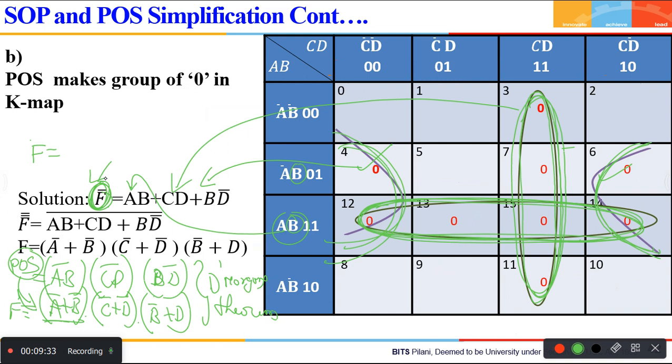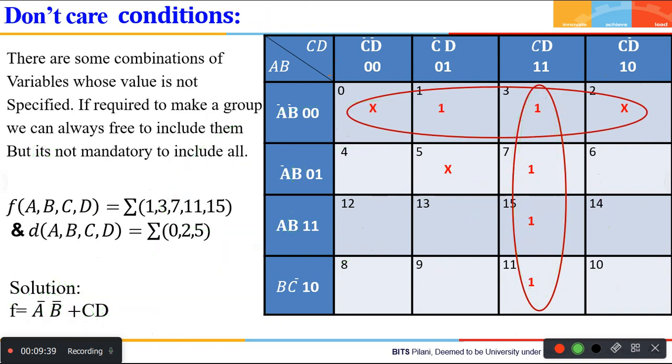Let's do more examples. You can learn better about this. Now, next, there is one more very important concept. We call it don't cares. What is this don't care? Whatever you do, either you go there or don't go, doesn't matter for me, I don't care. Normally we say, right?